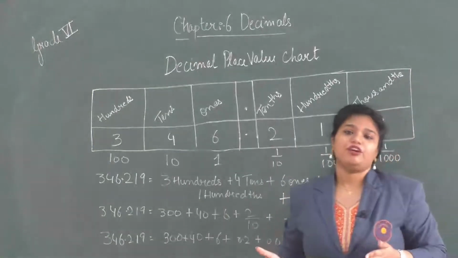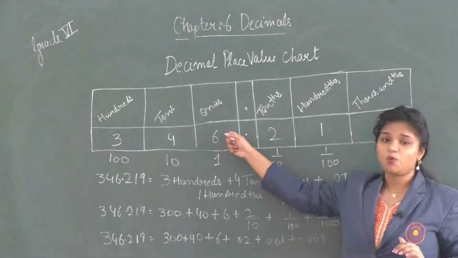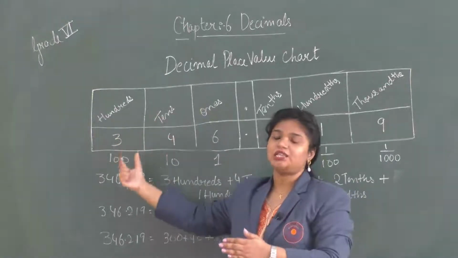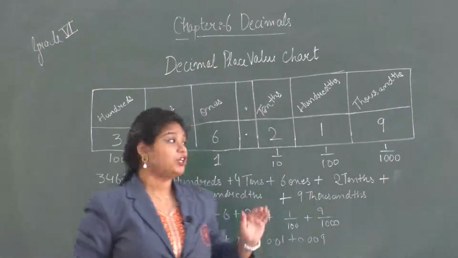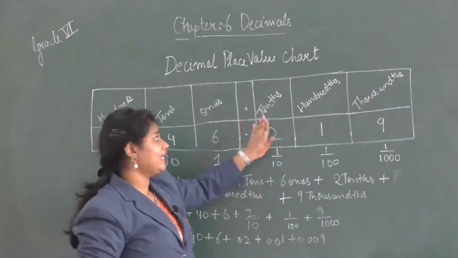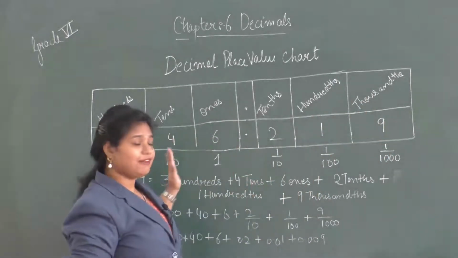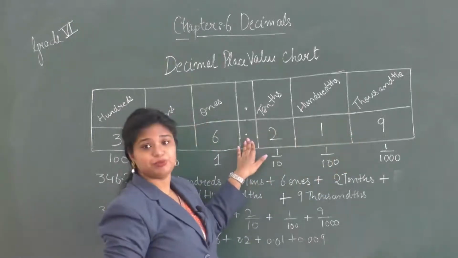You all are aware of the whole number place value chart, which starts from ones, tens, hundreds and goes on like thousands, 10,000s and so on. Now in the decimal place value chart, we have the whole number part, we have the decimal point and the decimal part. So the whole number is towards the left and the decimal part is towards the right of the decimal point.